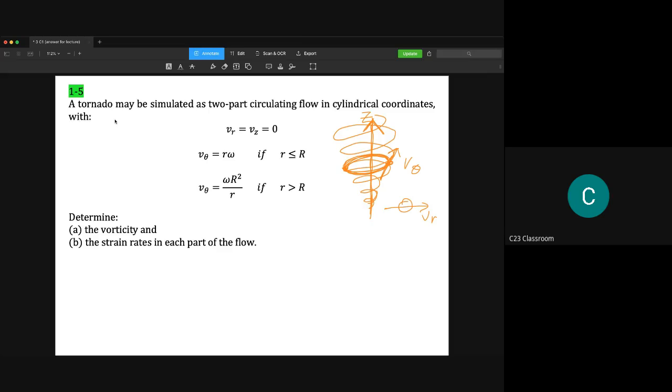But a tornado, as you know, can lift a house, roof, for example, so the velocity is very high. So according to these textbooks, it will give you a range to calculate V theta equal to R omega, or V theta is omega R square over R. And then we need to determine the vorticity and also the strain rate in each part of the flow.